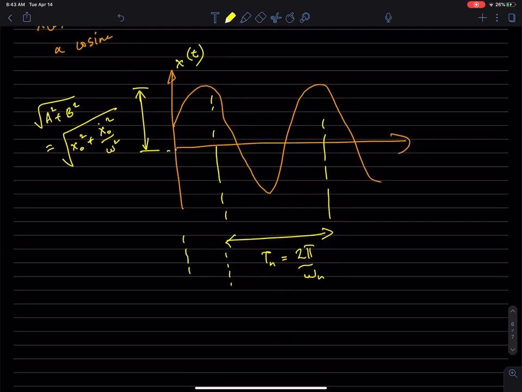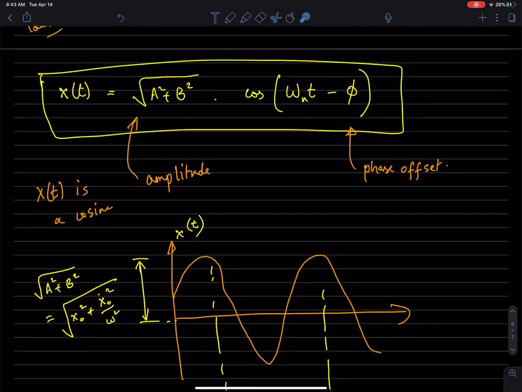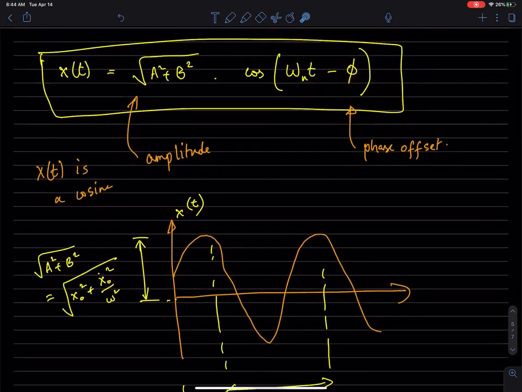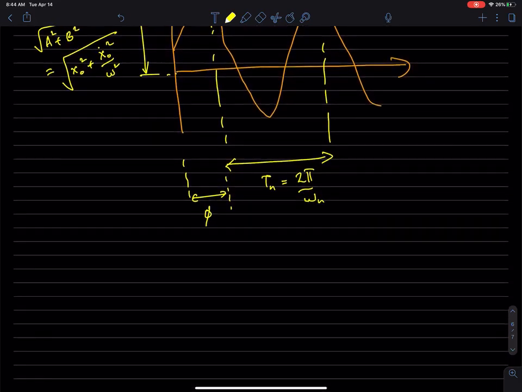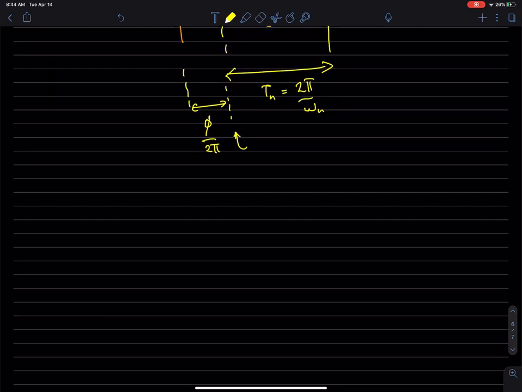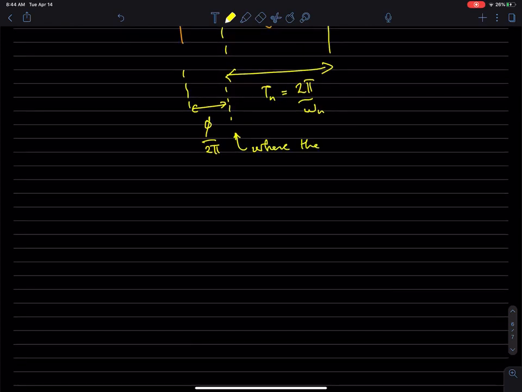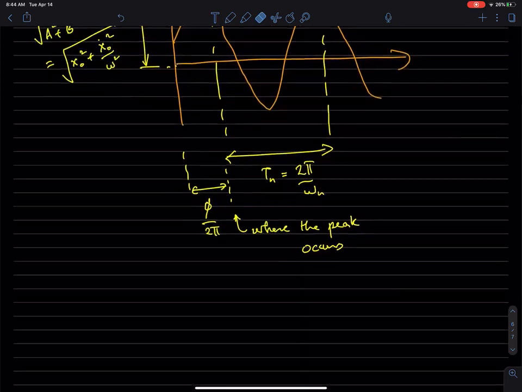Notice that instead of drawing a cosine with the peak starting out at t equal to 0, I put the peak a little bit away from t equal to 0, and the peak is determined by this quantity phi. The peak is at phi over 2 pi, and this phi is called the phase offset.